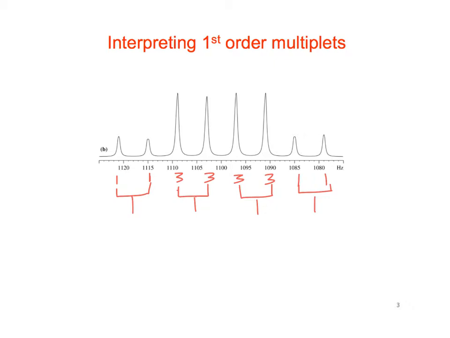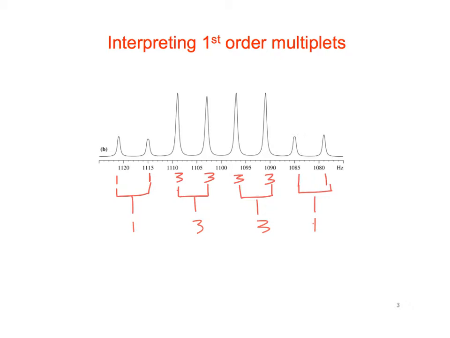Because, for example, the distance between these two middle ones is not really a coupling constant. Or between, that one especially. Okay, so these are 1 to 3 to 3 to 1.